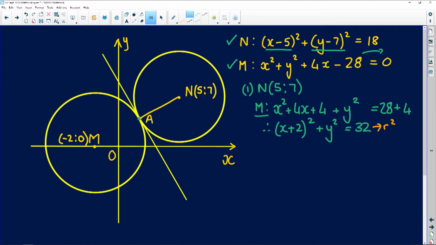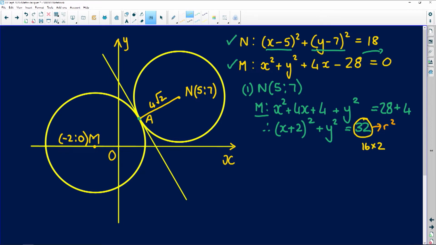This radius is the square root of 32. Now 32 is 16 times 2, so this here will be 4 root 2 in its radius. Okay, let's have a look. Did we do everything perfectly? Yes. So that is 4 root 2.